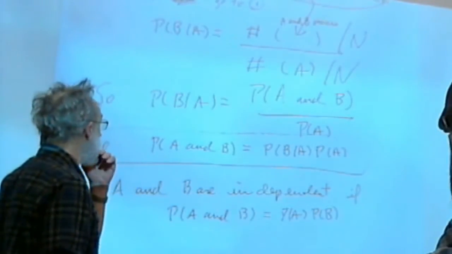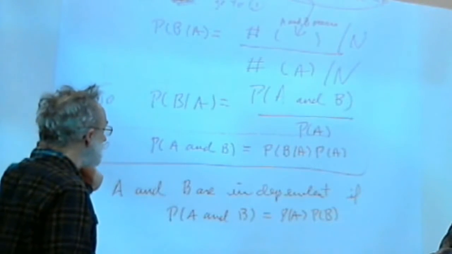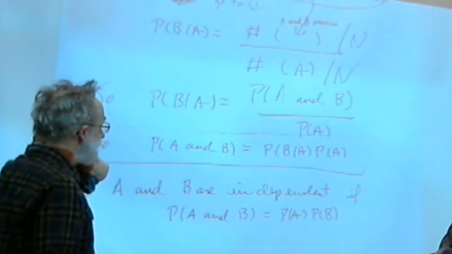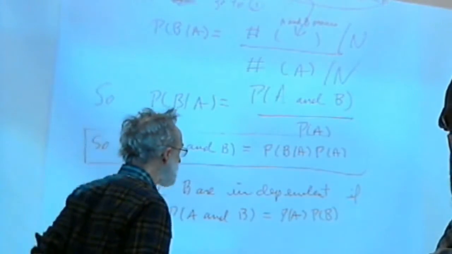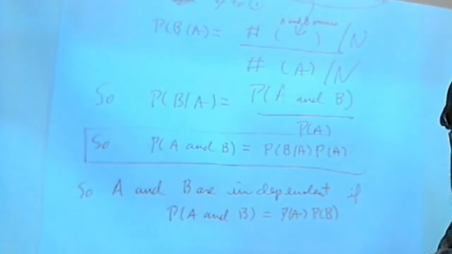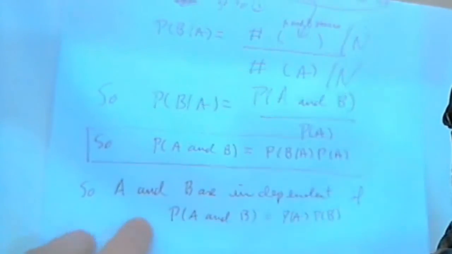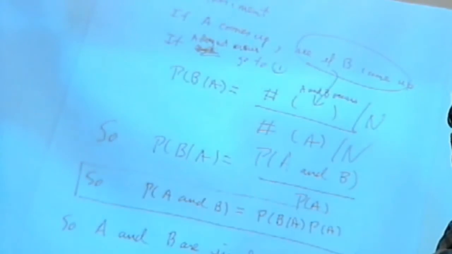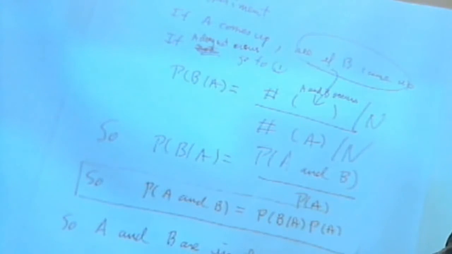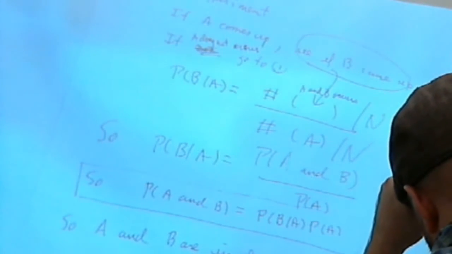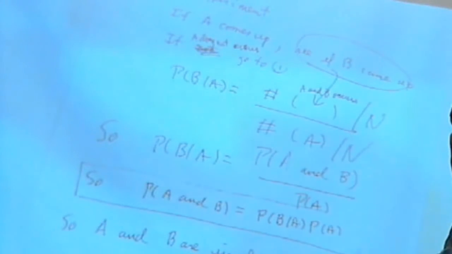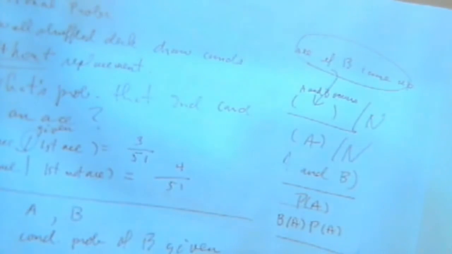Now with conditional probability, you can go back and answer that ace problem if you want to. Well, I have to draw one picture, although we could do it with the tree diagram.